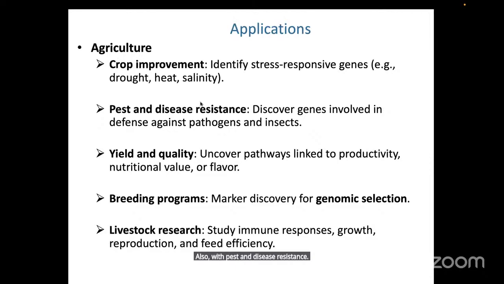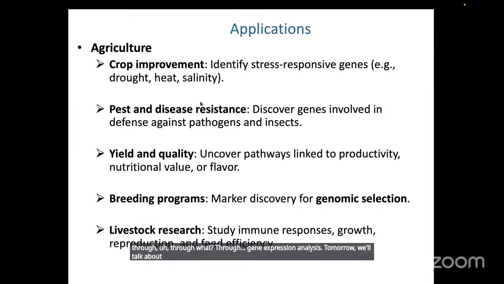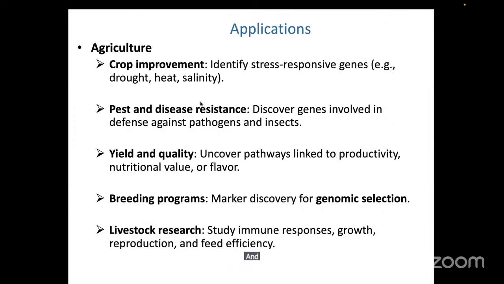Sometimes you can find a susceptible or resistant plant, and you find the genes that make it resistant through gene expression analysis. Tomorrow we'll talk about genomics, and that will help you find the particular marker. But you start with RNA-seq.